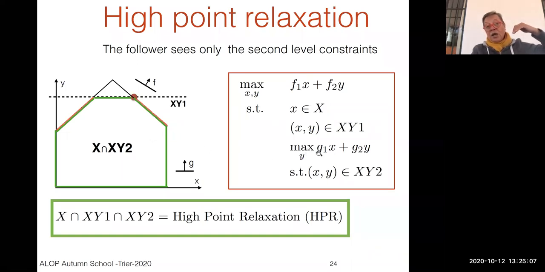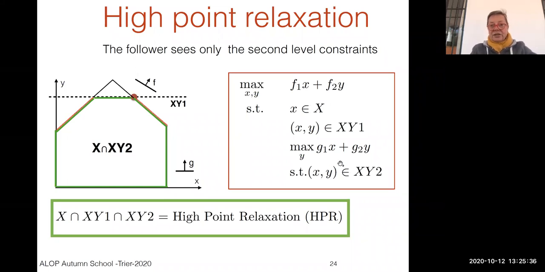In addition, the solution must be an optimal solution of the second level problem. Given that the second level problem is an LP, it means that the optimal solution of the second level will be a vertex of this LP polyhedron, okay?